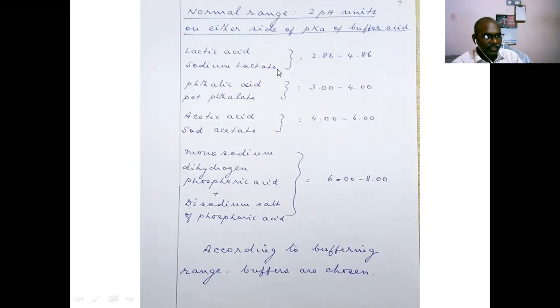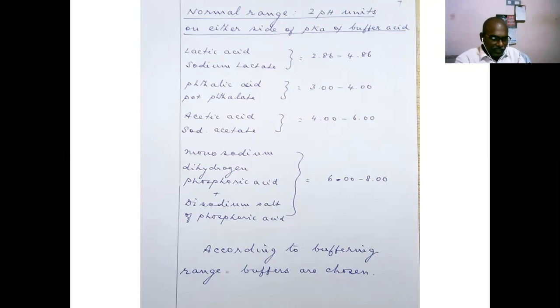Lactic acid sodium lactate buffer will have the buffering capacity between 2.86 and 4.86, and the phthalic acid and the potassium phthalate buffer from 3 to 4, and acetic acid and sodium acetate buffer 4 to 6, and the monosodium dihydrogen phosphate and disodium salt or phosphoric acid, they show the buffering range 6 to 8, and according to the buffering range, buffers are chosen.